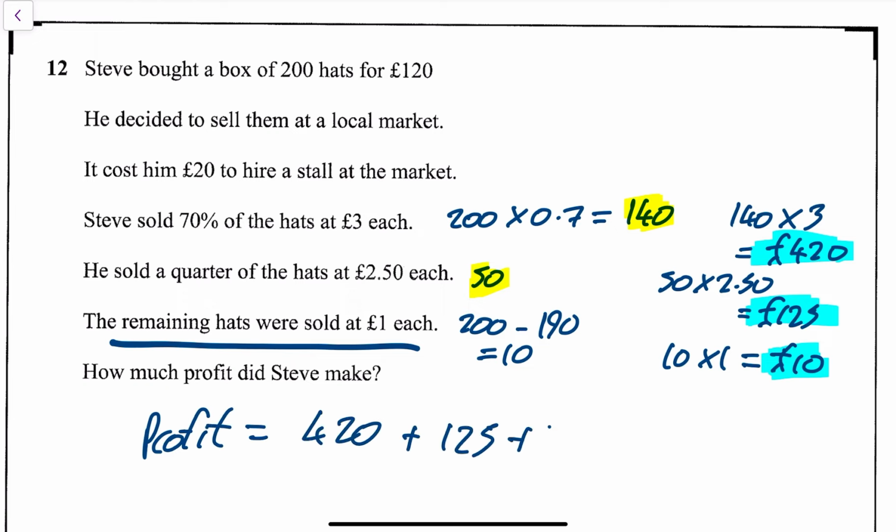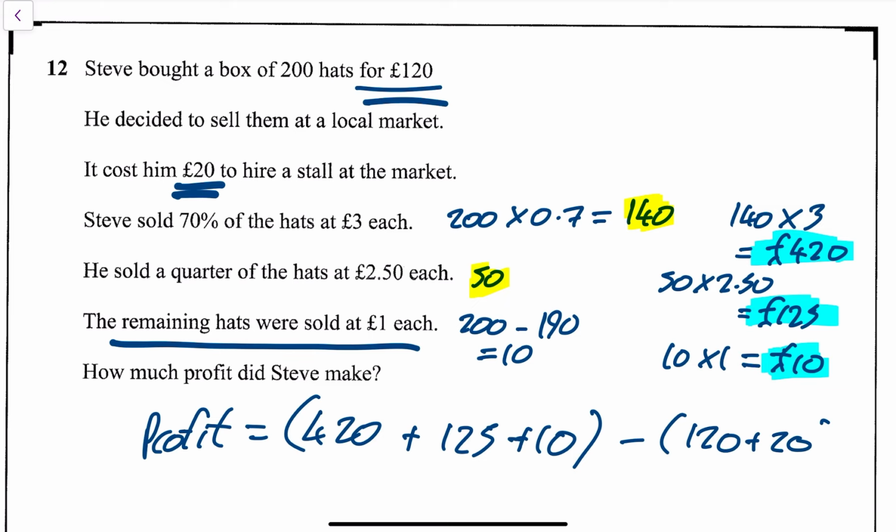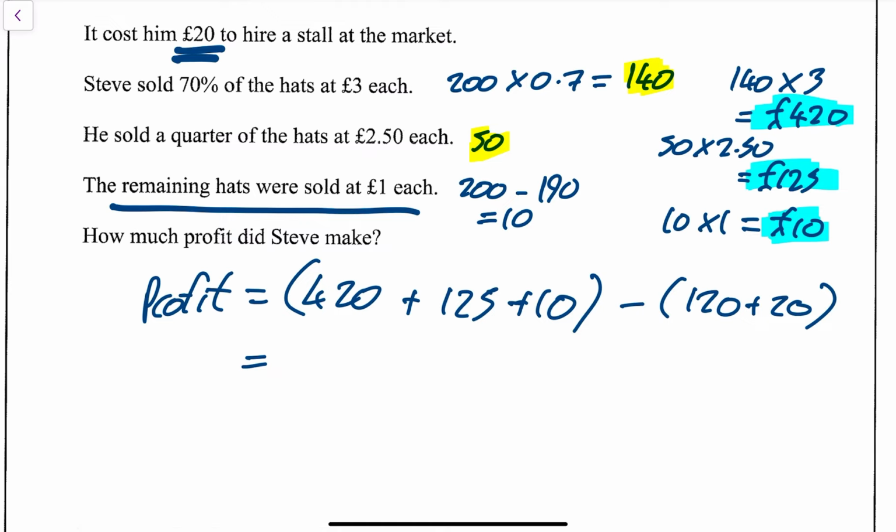They're all good. He sold that amount. That's what he's actually sold for. But it cost him £120 to buy the hats and then £20 to hire the stall. So minus, we've got 120 and 20, that's his costs in. Looks like he's still going to make a good amount of money here.